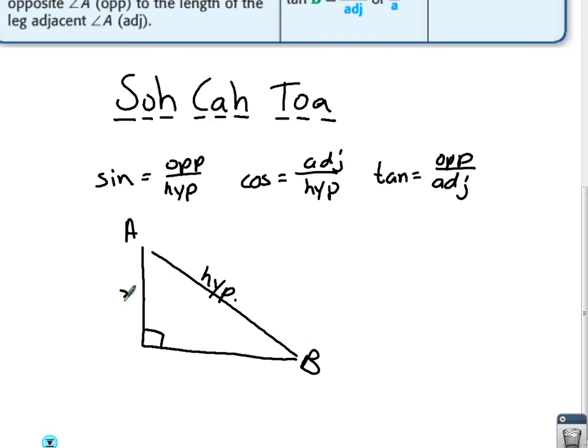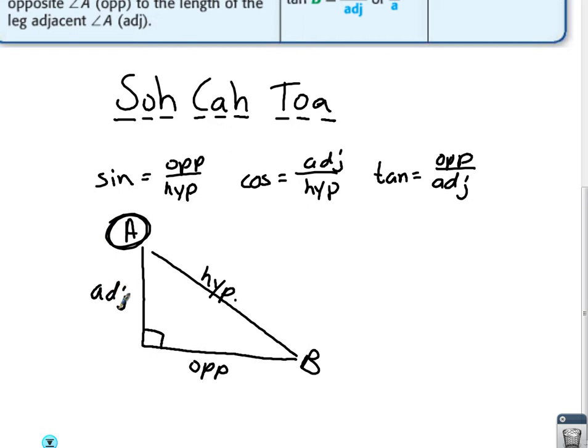Is it my first side or my second side here? The second side. So that side would be your adjacent or opposite? Opposite. If you're talking about angle A here, this is the opposite side.